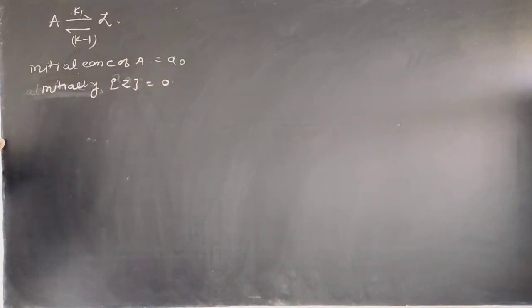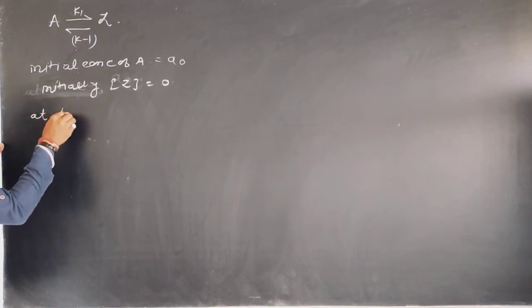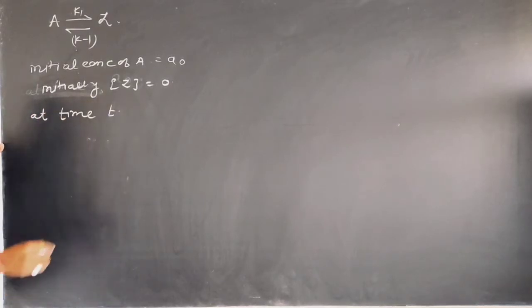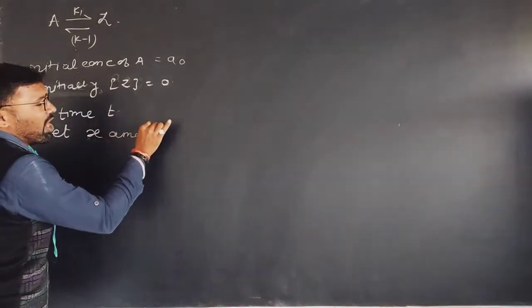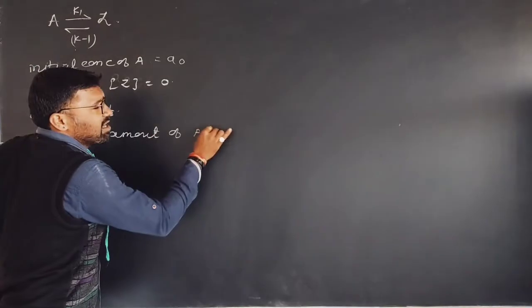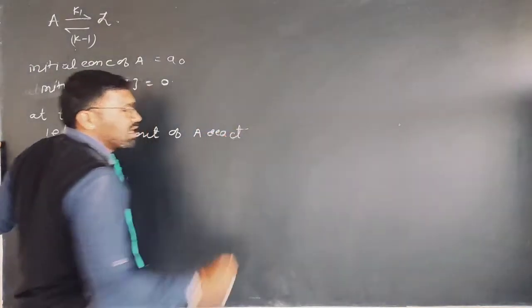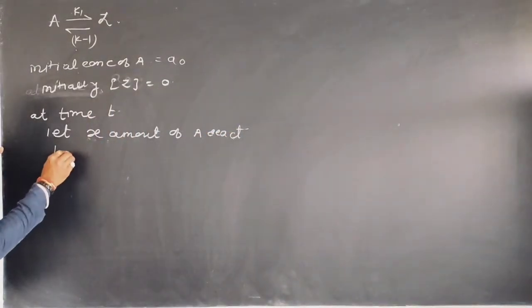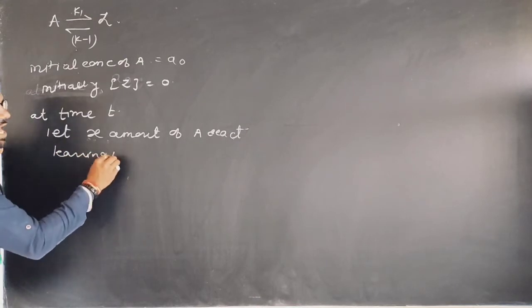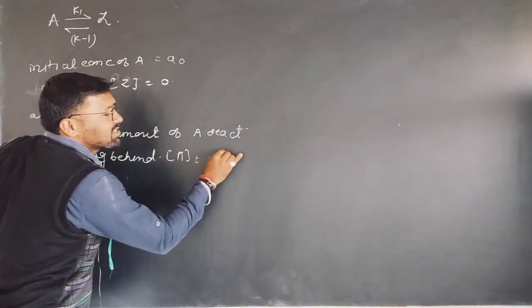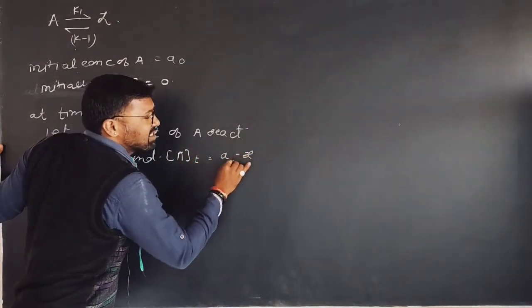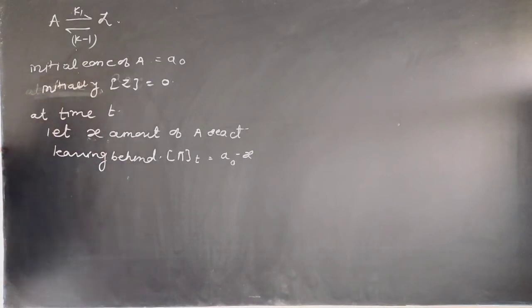Obviously no product will be formed at initial time, or zero time. At time t, let x amount of Z be formed, or x amount of A reacts, leaving behind the concentration of A at time t equal to A minus x, or you can say A0 minus x, because we are taking A0 as the initial concentration of A.